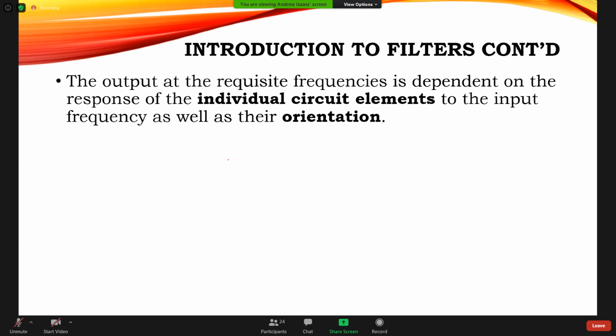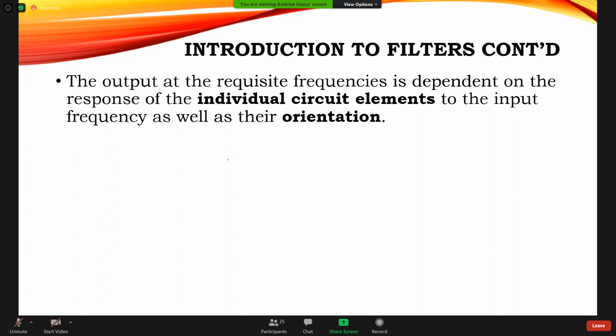Again, with orientation, if we have an inductor and capacitor in series, the response is going to be completely different from having them in parallel. If I have that parallel section in series, again, the behavior of my filter is going to change. So orientation is critically important.